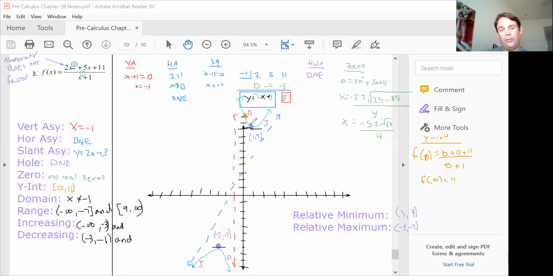I was decreasing here from -1, the vertical asymptote, to the relative minimum, to 1. So -1 to 1. And then I increase from 1 up to infinity. So hopefully you guys got some that match that a little bit.